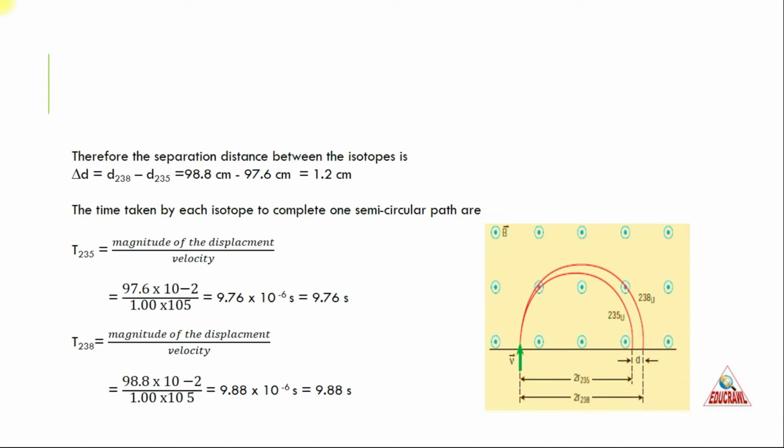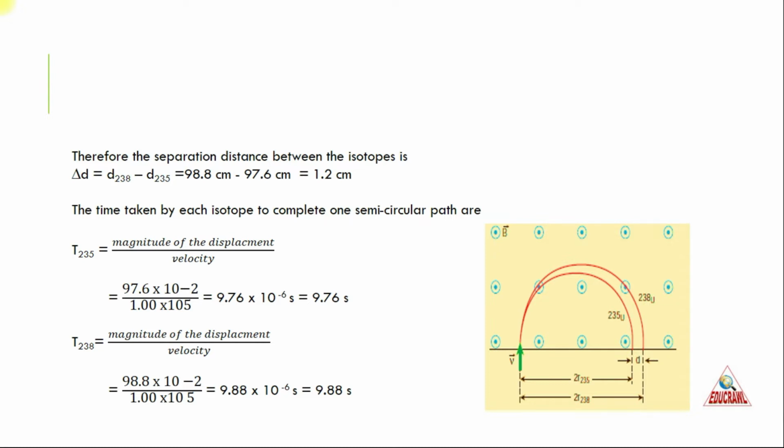Next we have to find the time taken by each isotope to complete one semicircular path. So for this we use our simple expression, that is velocity is equal to displacement by time. Displacement is nothing but the distance travelled due to the circular path, which we had already found: for 235 it is 97.6 centimeter and for 238 it is 98.8 centimeter.